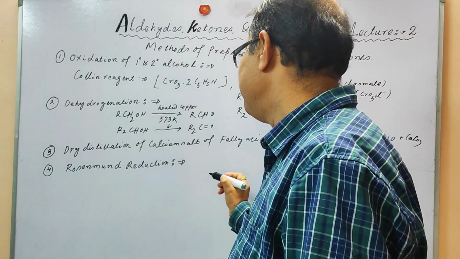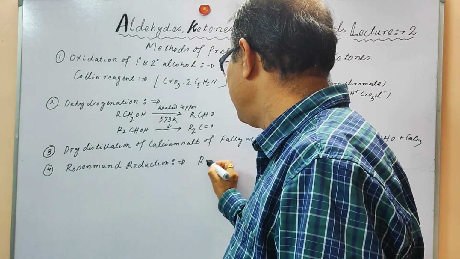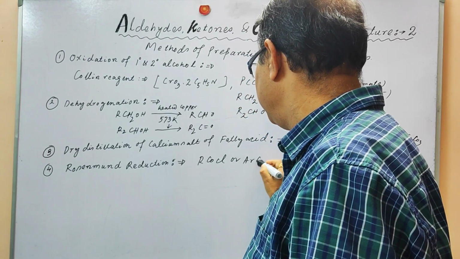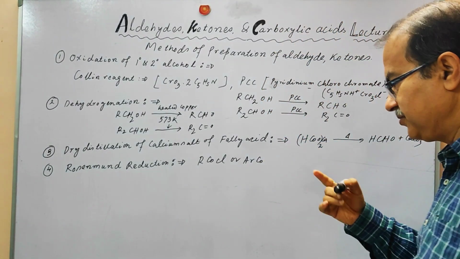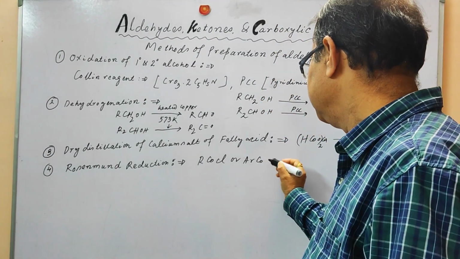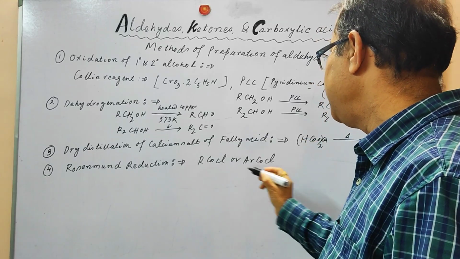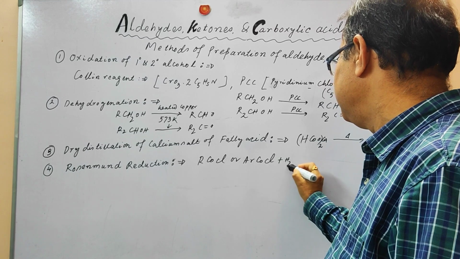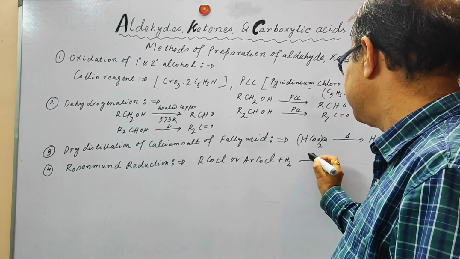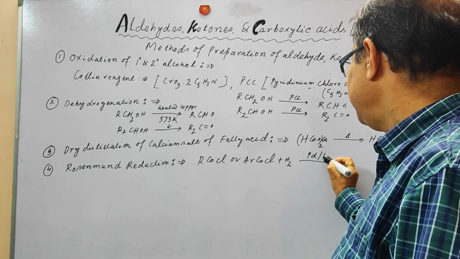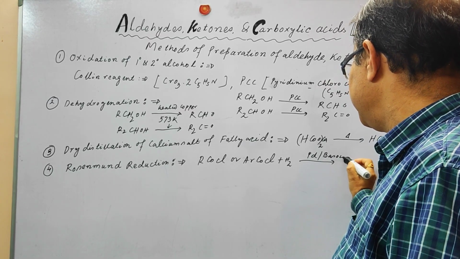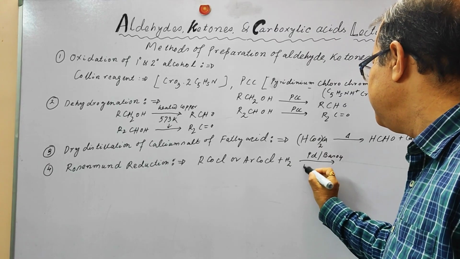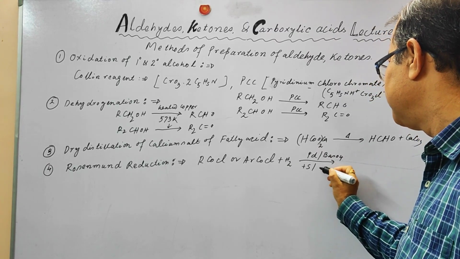In this case, acid chloride, RCOCl or ArCOCl, where Ar means that we are using the aromatic ring, reacts with hydrogen in the presence of Pd/BaSO4, barium sulfate, and it is partially poisoned with sulfur or quinoline.